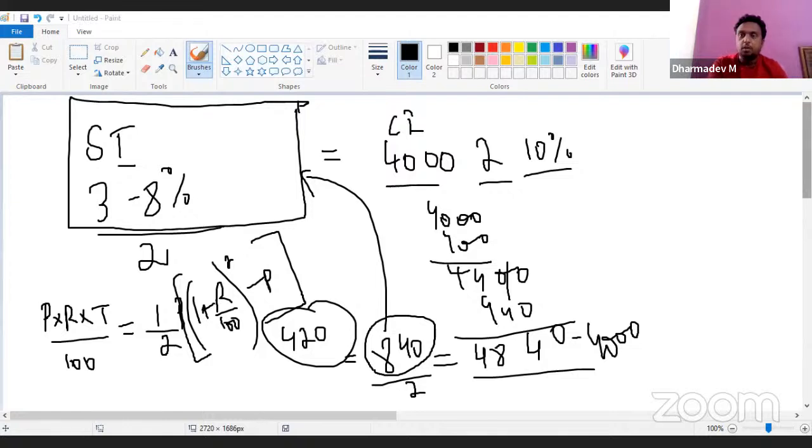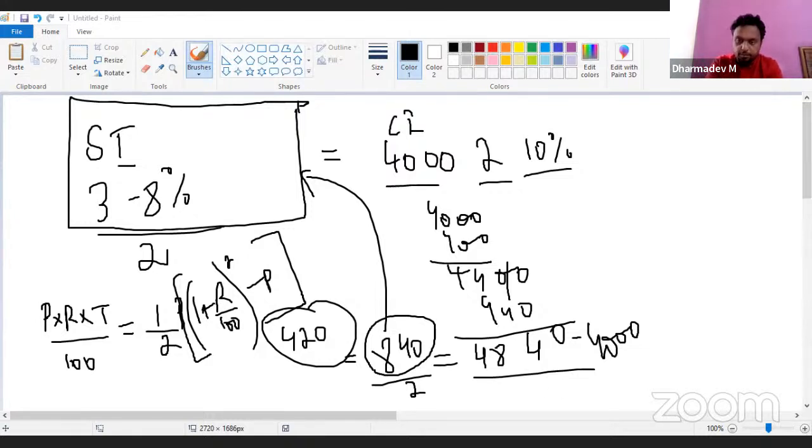I hope in the chat box you're all able to see the question. Now Sachin has posted. The sum placed on simple interest is how much? What do you mean by sum?